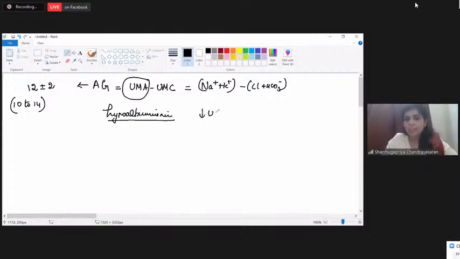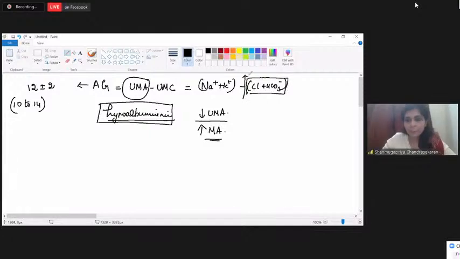So there is a decrease in the unmeasured anion, which will be compensated by an increase in the measured anion. For electrical neutrality, whenever there is a decrease in one anion concentration, the other anion concentration increases. So in hypoalbuminemia, there is an increase in the measured anion concentration. So this part of the formula, the value increases.